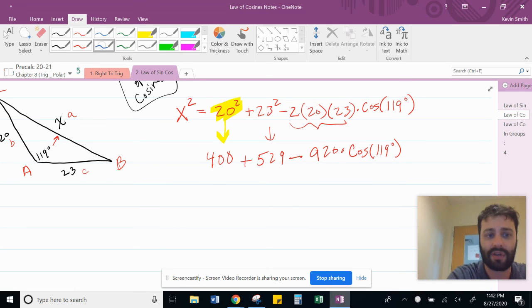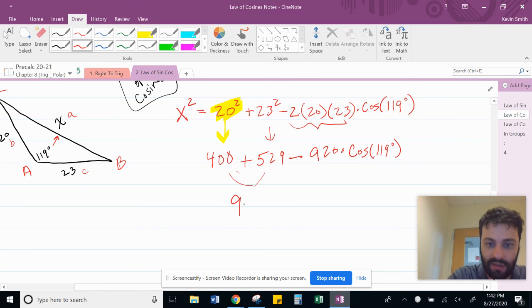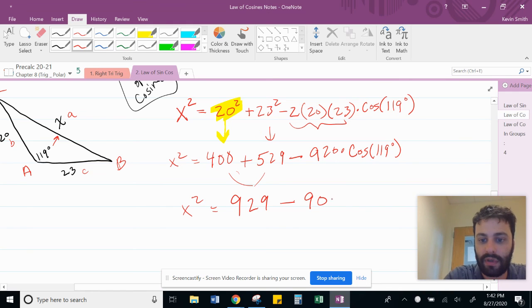You can't combine them because of the cosine in there. So let's add these two together. We get 929 minus 920 times the cosine of 119, equal to x squared.